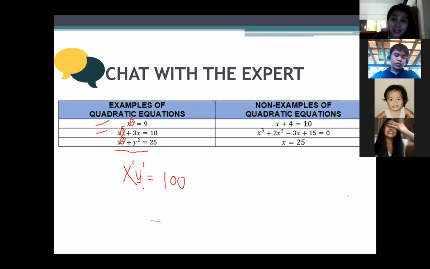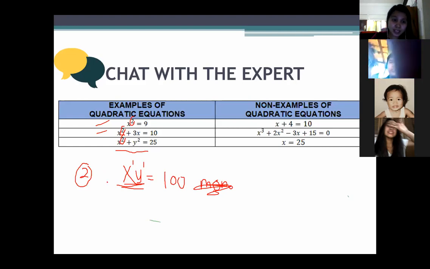But since they are only one term, remember in grade 7, we have monomial. Monomial means only one term. Since it's only one term, then you need to add the exponents of x and y. So the degree will be 2. That's why it is quadratic.